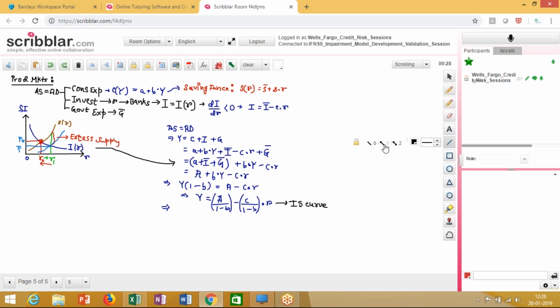So now, if I plot a graph, over here what we have is the rate of interest, and over here we'll have Y.